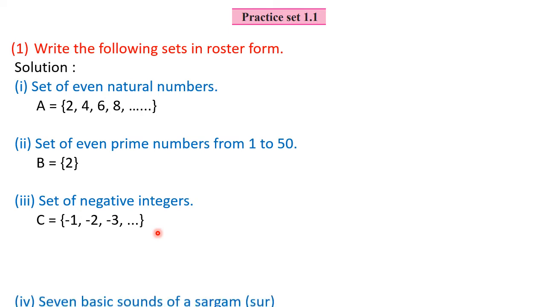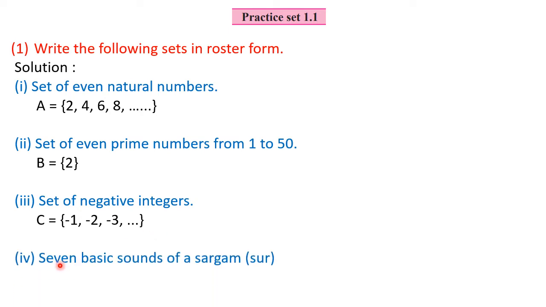Next, fourth one. 7 basic sounds of Sargam or 7 surs. All of you know that whenever you start music, the basic things which come in our mind are 7 basic surs. Which are they? Sa, re, ga, ma, pa, dha, ni. Okay.